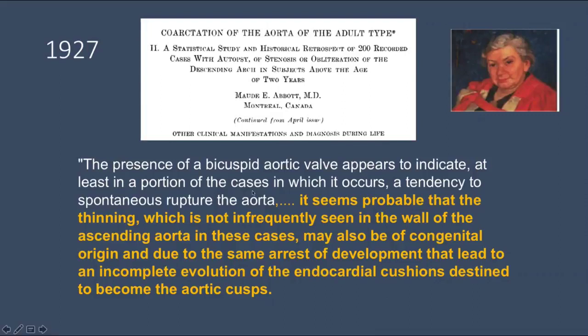And what she noted, and she writes, "It seems probable that the thinning, which is not infrequently seen in the wall of the ascending aorta in these cases, may also be of congenital origin and due to the same arrest of development that leads to an incomplete evolution of the endocardial cushions destined to become the aortic cusps." So it seems even during this early discovery of BAV, she already began to surmise there must be a genetic link between the aorta and the aortic valve.